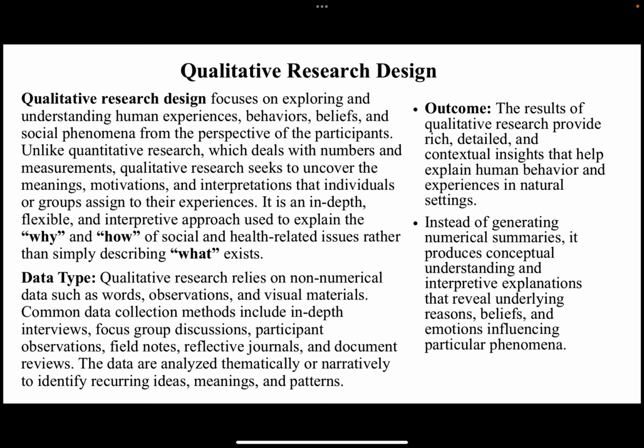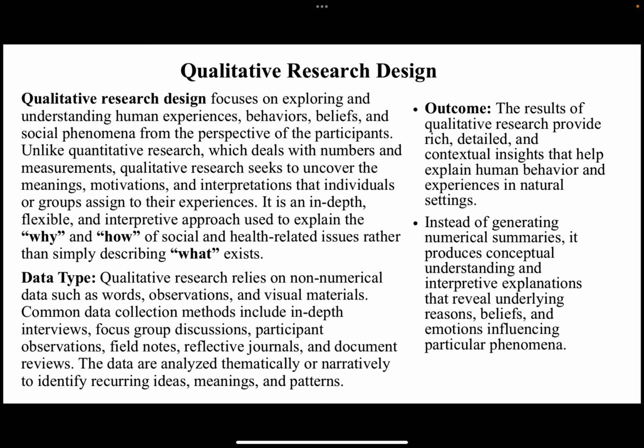So usually qualitative designs are used when you want to get in-depth, flexible, interpretive information. Okay, you want to get an in-depth understanding of the experiences of people, or a social issue, or a social phenomenon, rather than just getting to know the what. Do you get it?